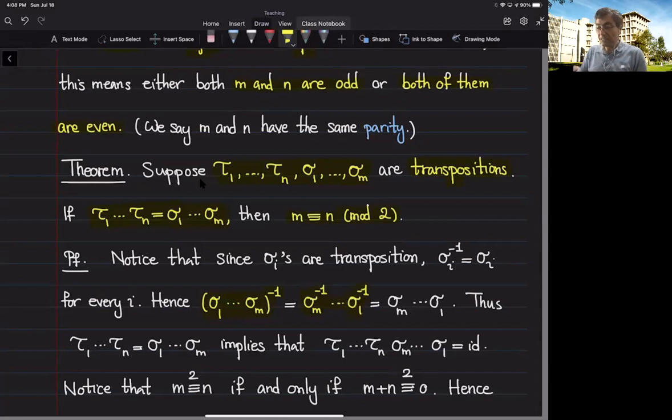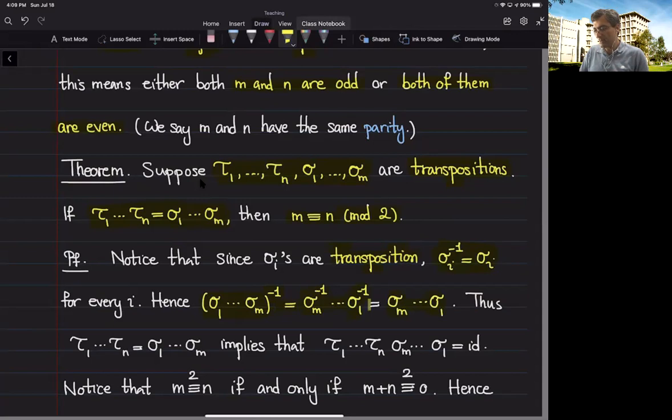But remember, the sigma sub i's are transpositions, and therefore the inverse of sigma sub i is itself. So the inverse of sigma sub m is sigma sub m, the inverse of sigma sub m minus 1 is sigma sub m minus 1, and so on till we reach sigma sub 1. So when I'm looking at a product of transpositions and I want to find its inverse, it's enough to multiply them in the reverse order.